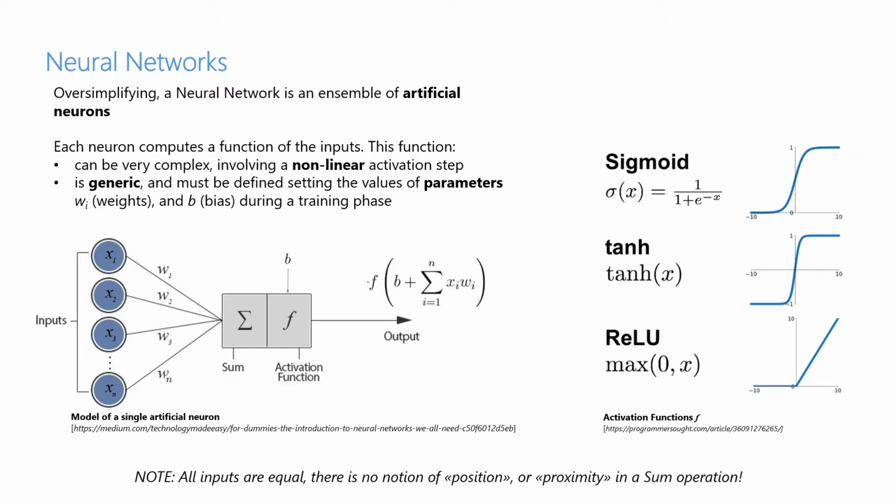So, to give a simple description, we can say that a neural network is a composition of elements that we call artificial neurons. And an artificial neuron is described in the picture on the left.